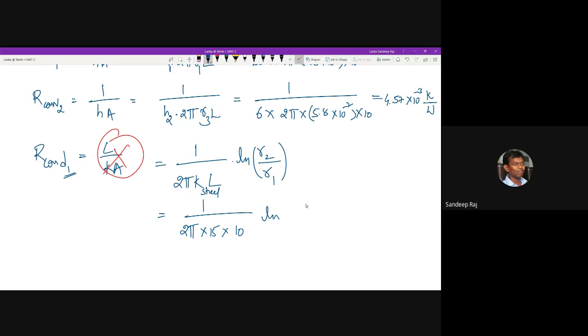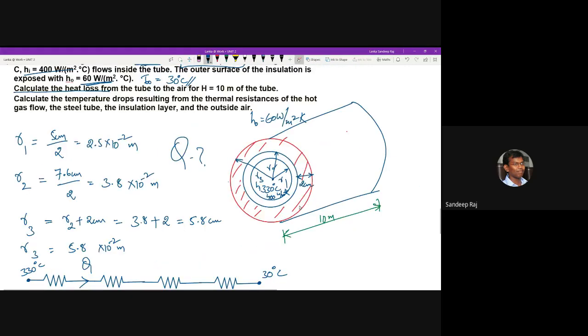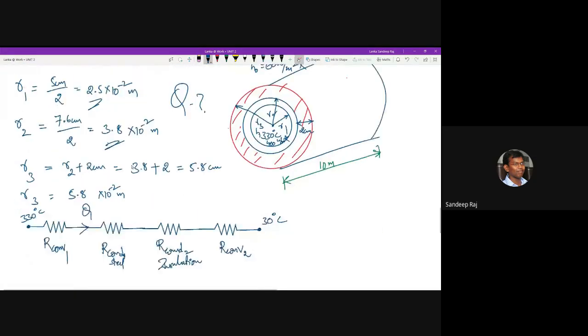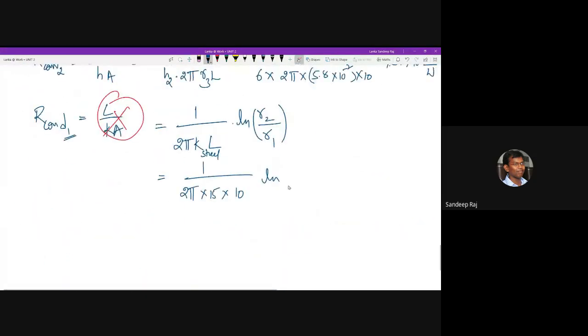And ln higher radius, the R2 value is 3.8 here and 2.5. You can take it in centimeters itself, no issue, 3.8 by 2.5, because if I take meters also, they'll get cancelled. It doesn't make any difference whether you take meters or centimeters because the conversion factor will cancel in the numerator and denominator.